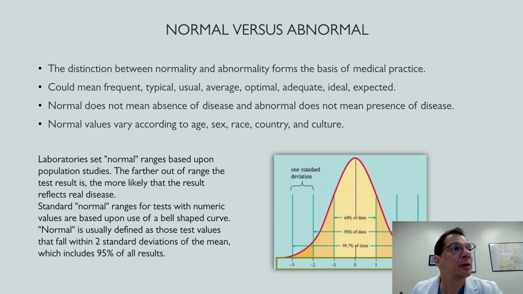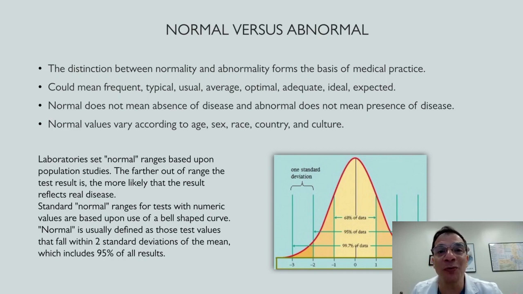Now we have the rest of the population: 95% is the 68, plus people who have a very low and a very high cholesterol. So in total, 95% of the population is within these values. Maybe this is 50 and this is 250. And then we have the other 5% that will have a cholesterol above 250 or below 50.